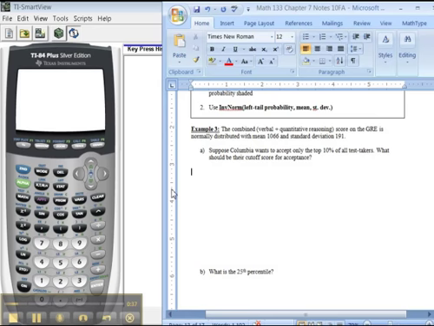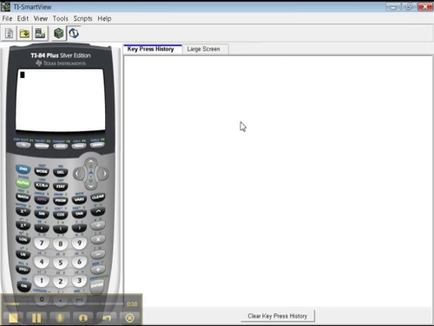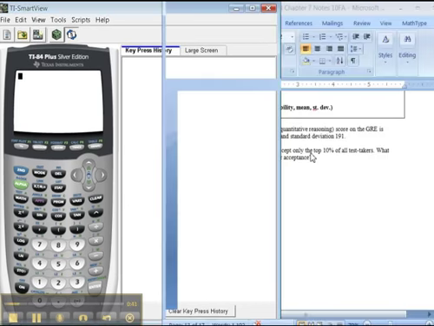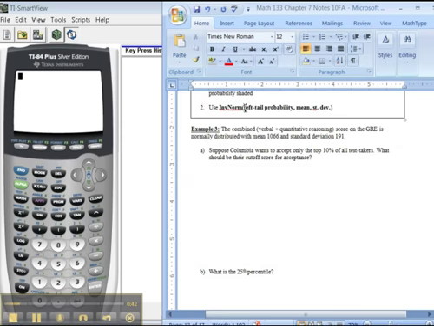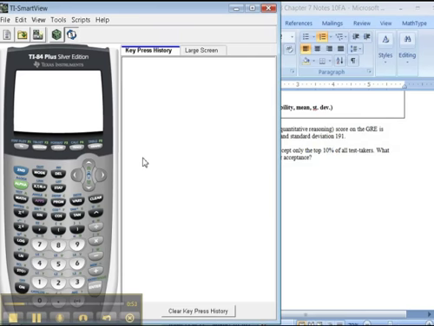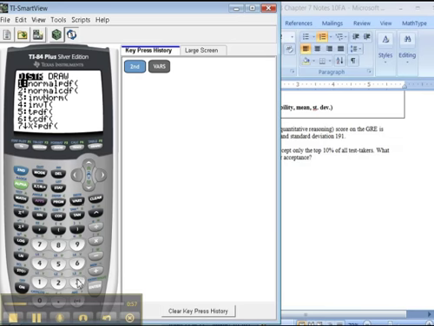Now why is that important? Well, the inverse norm only uses the left tail, but the top would be the right tail. So you're not going to put 10% in your calculator, you're going to put 90%. So let's do it. Second distribution, number 3, inverse norm.